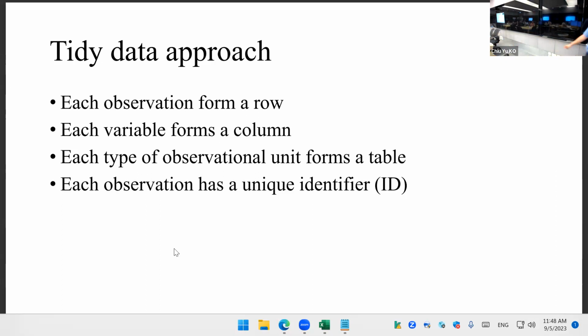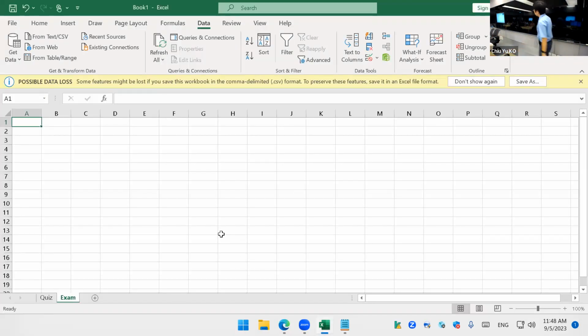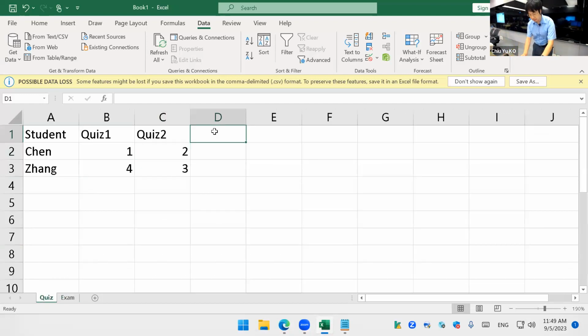So you can see the one I constructed follows a tidy approach. I have the quiz on one tab, the exam on the other, right? If you do not follow tidy, you would put everything into one single sheet. If I have a quiz and an exam together, then it's not tidy.